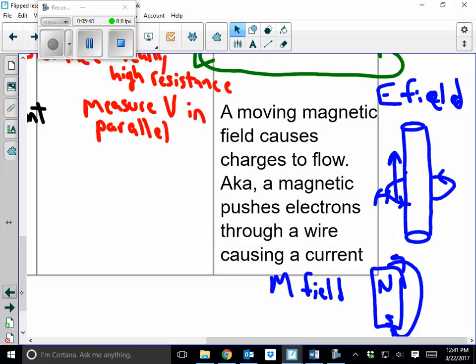I'll also hook up a battery to a wire, send charge through it, and put a magnet next to the wire, and you'll notice the wire start moving. Why? Because in the same way, a moving electric field creates a perpendicular magnetic field. I just want to introduce it to you here because I'm going to go over it more thoroughly in class. This concludes our electricity and electrodynamics notes.